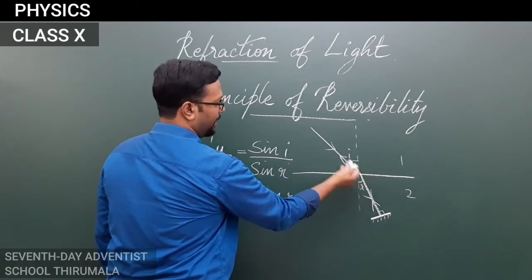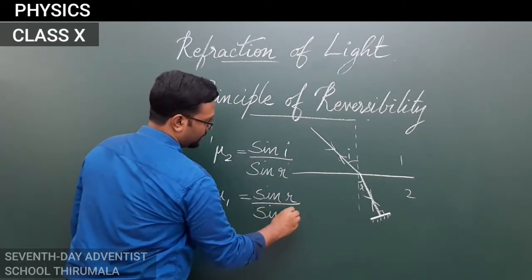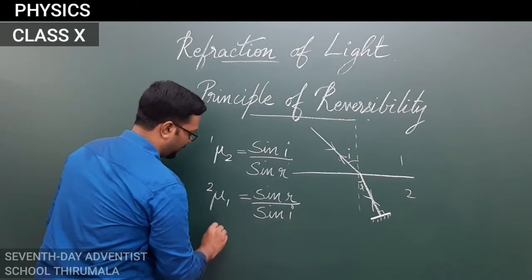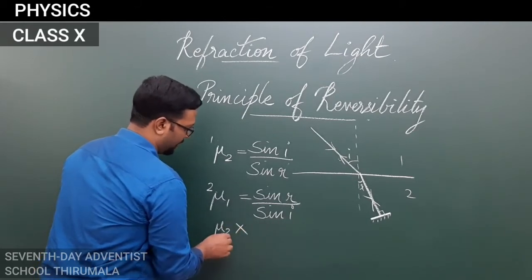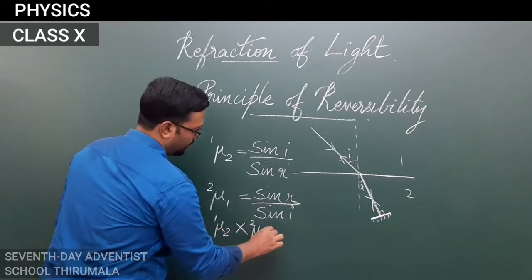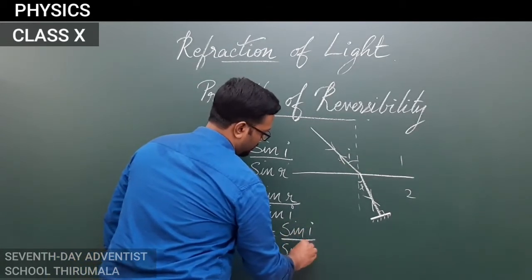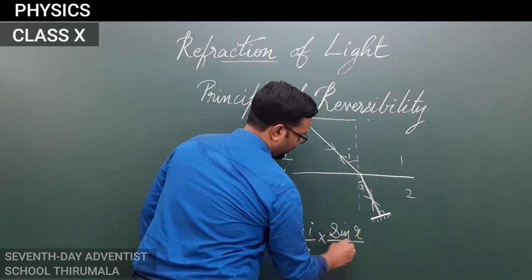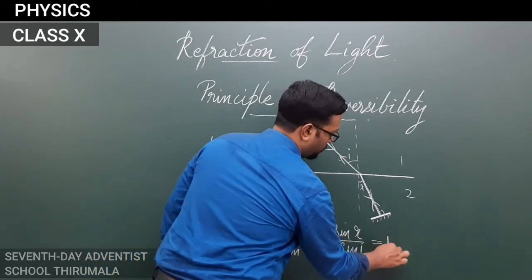Here the refracted ray is the reverse path of the light ray, and it is called sin I. So when you multiply them both, the refractive index of the first medium with respect to the second medium into the refractive index of the second medium with respect to the first medium, that is equal to sin I by sin r into sin r by sin I. Then everything will get cancelled and the value you get will be 1.